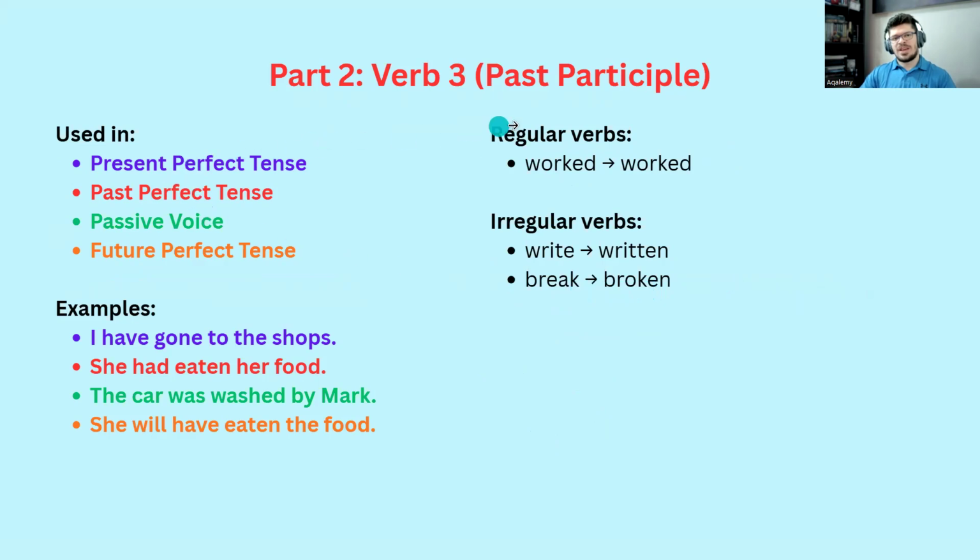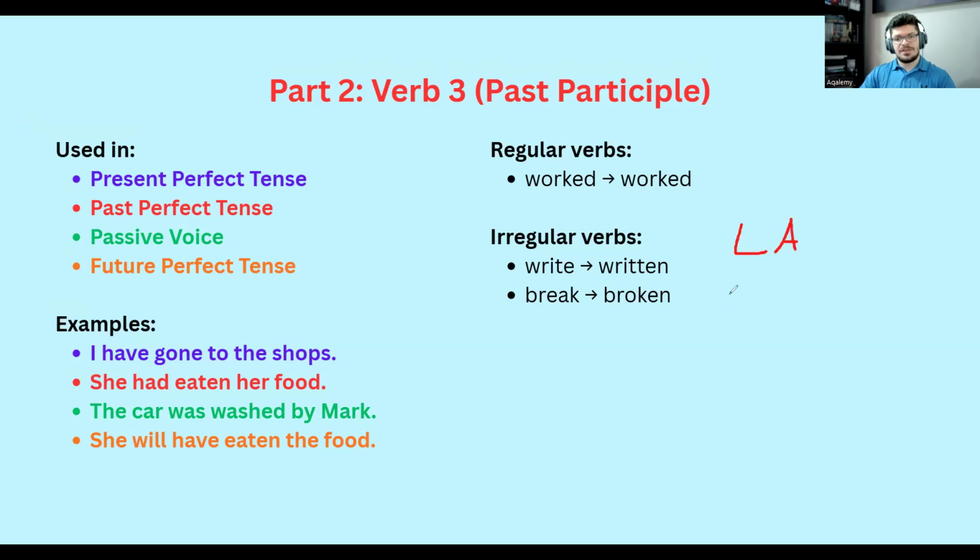And when we look at verb 3, this is a problem. If you are level A English, even level B English, maybe level B1, this one can be a problem, because the past participle is not the past tense verb. So people make this mistake.